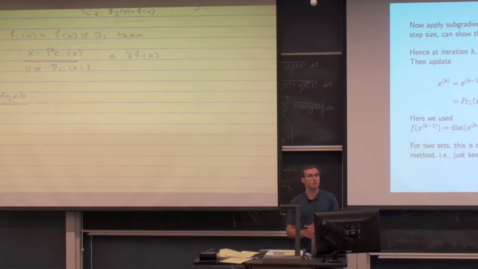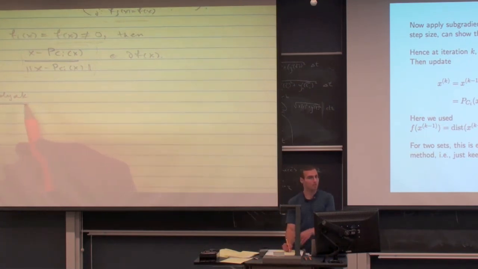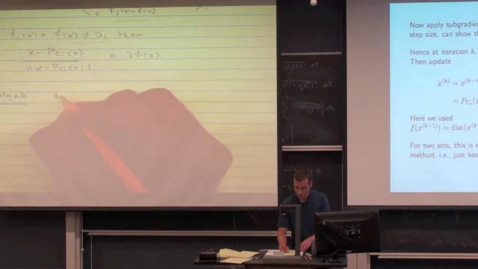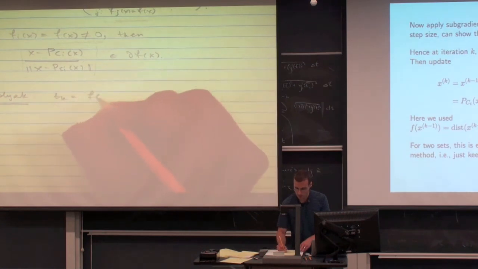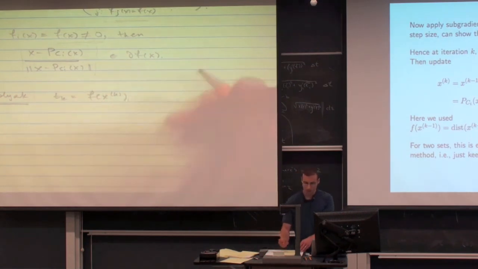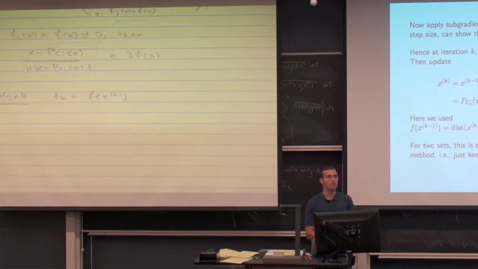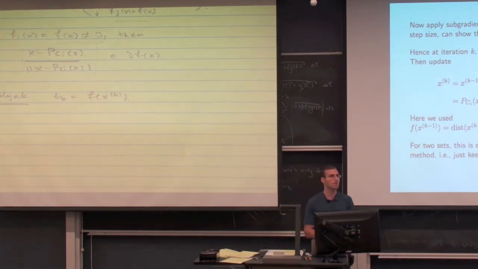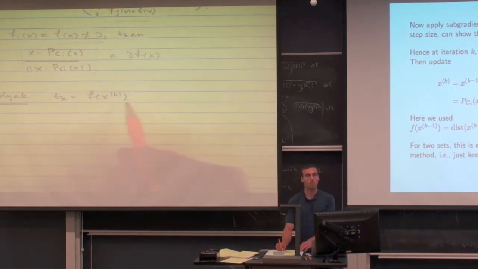Other step sizes would work, but I just wanted to show you that a particular famous algorithm is a special case of the subgradient method, when we take this step size and this subgradient. So in that case, this tells us to take tk equal to the function value of f at xk. Okay, that's not the full Polyak rule. I actually gave you a reference at the end of this lecture if you wanted to look it up, but that's what it looks like when we apply it to this problem.